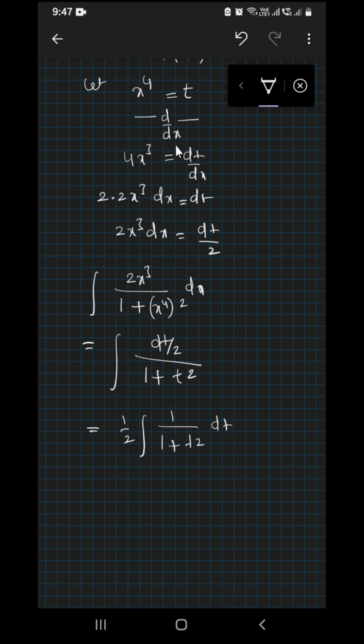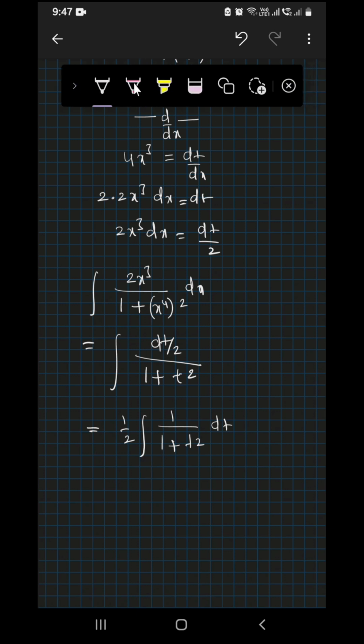So if you see here, this is the formula of tan inverse: integration of 1 by 1 plus x square dx is equal to tan inverse of x plus c. We have applied this formula here.